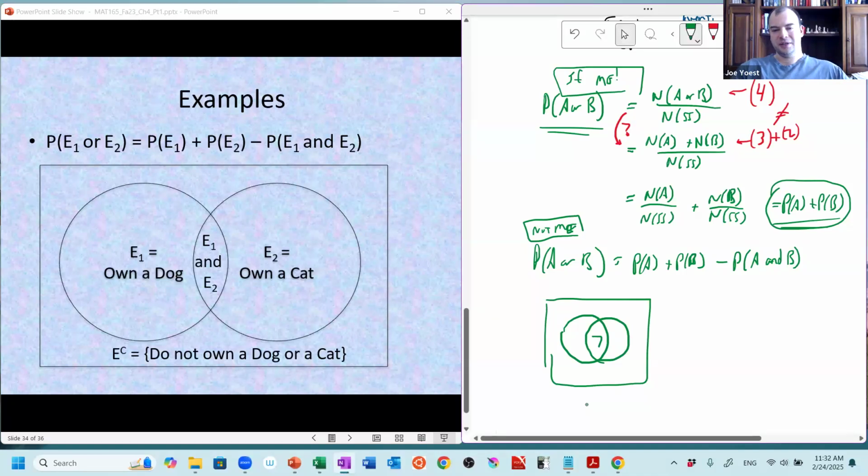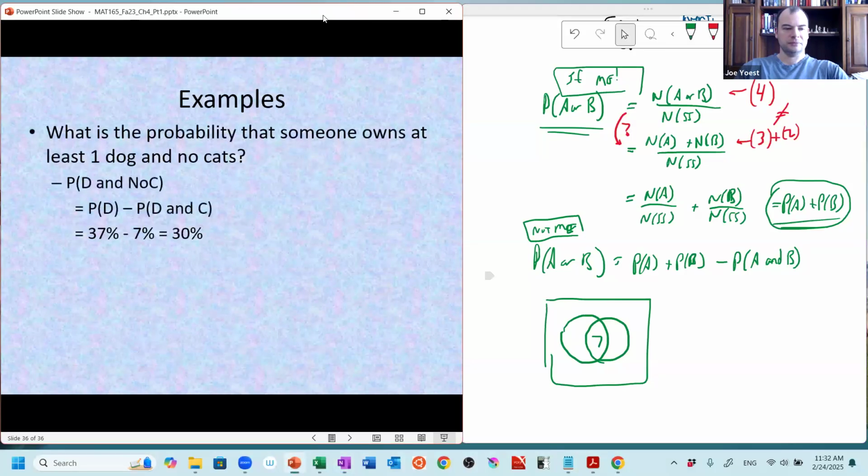And then we could find kind of this left, kind of like moon shape, the folks who own a dog and do not own a cat. And then we could find the folks who own a cat and do not own a dog. So what's the probability that somebody owns at least one dog and no cats?